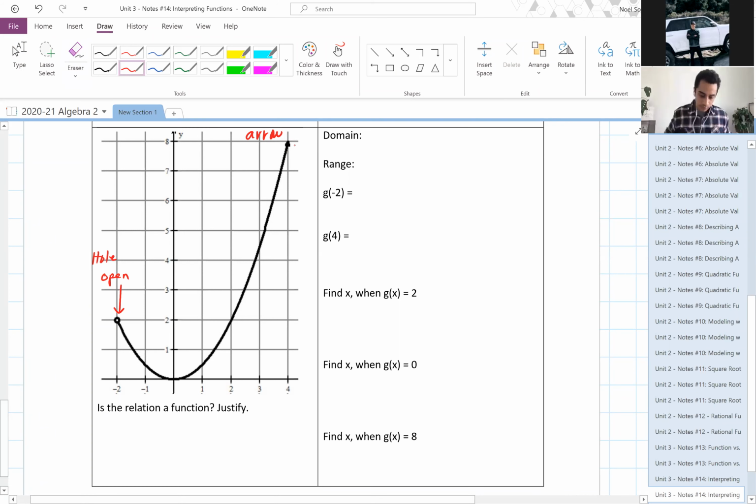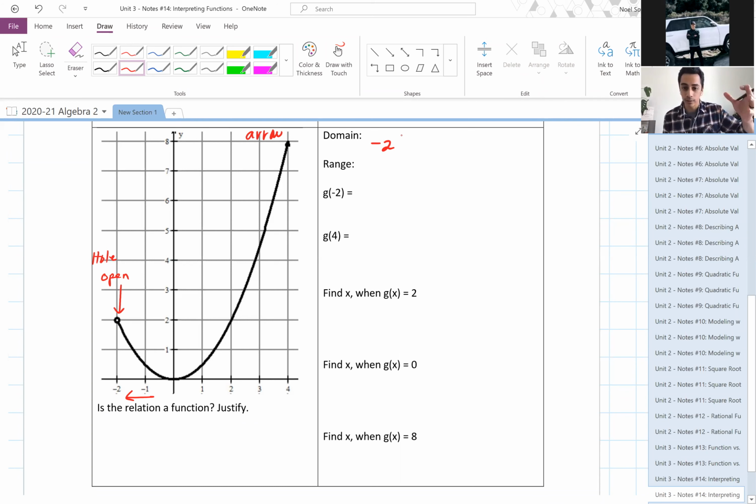Now let's talk domain. How far left does the curve go? This way is left. Yeah, it gets to -2. But at -2 itself, it's undefined. How would we represent that with a domain?